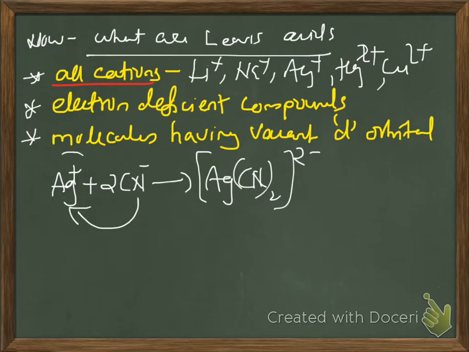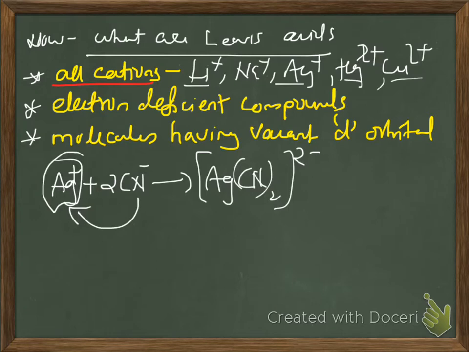So Ag plus accepts the lone pair and acts as a Lewis acid. In the same way, other metal cations also act as Lewis acids, as they have the capacity to accept a lone pair from the source from which it is available.